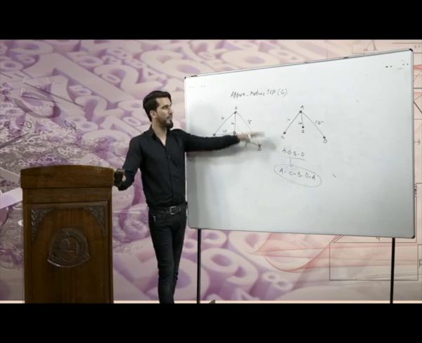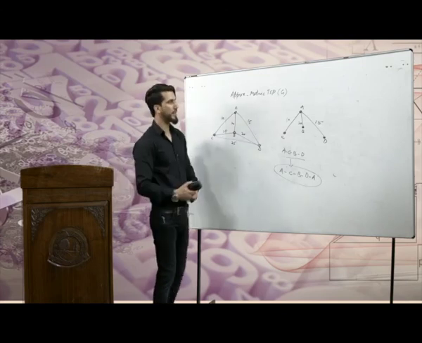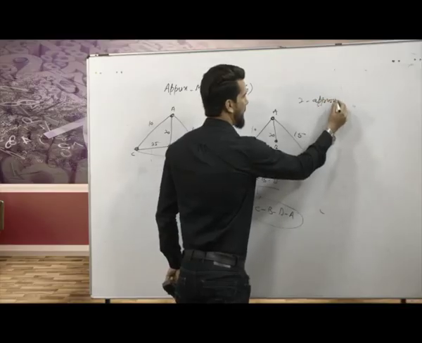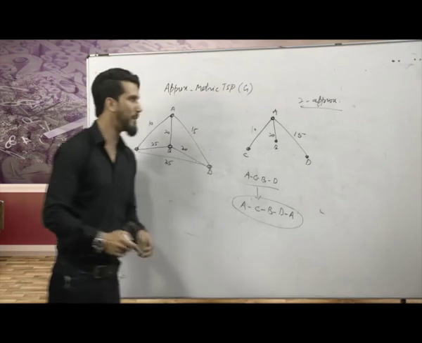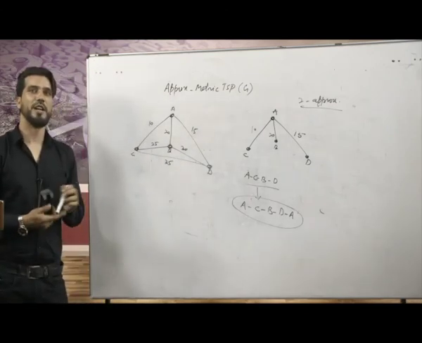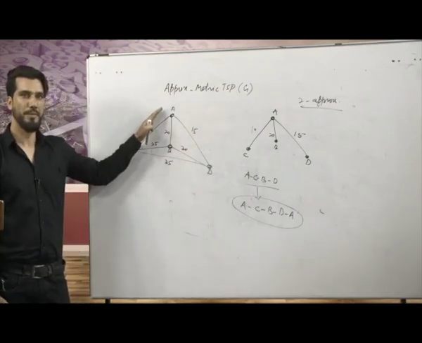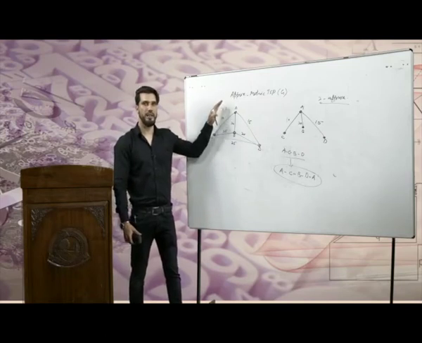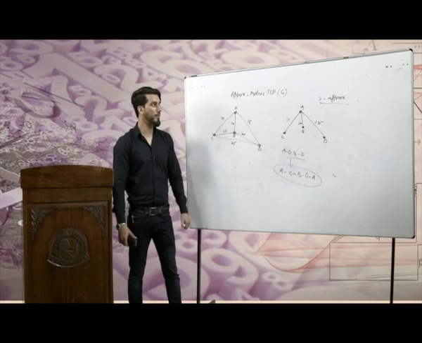And the cost of this approximation is that it is a 2 approximation. But the happy part about this is that we were able to solve this problem, which was in reality an NP hard problem.